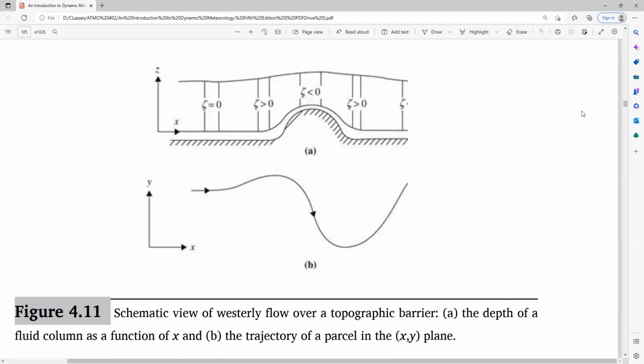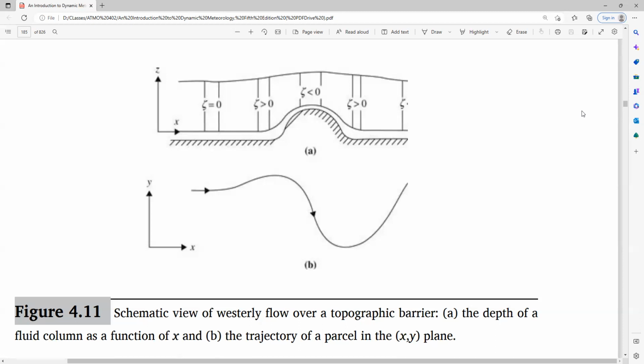So this is more or less like water flowing over a small area. You can consider this maybe like a rock in the river, and then you have the water moving over the rock, and the flow is incompressible in this situation.